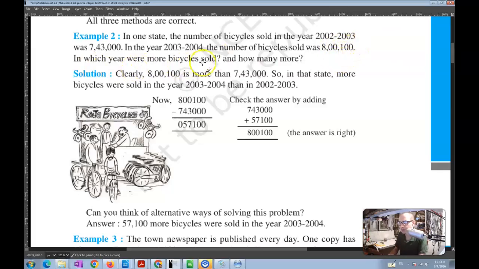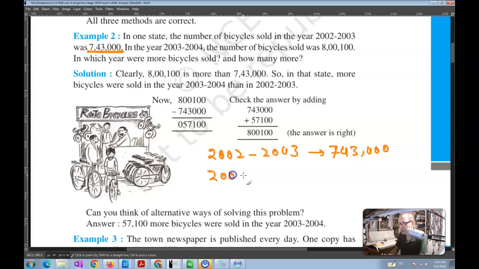In which year were more bicycles sold and how many? So in the year 2002-2003, the number of bicycles sold was 743,000, right?